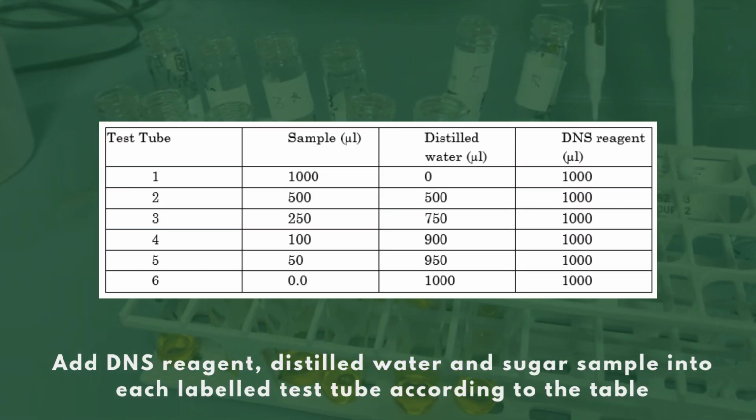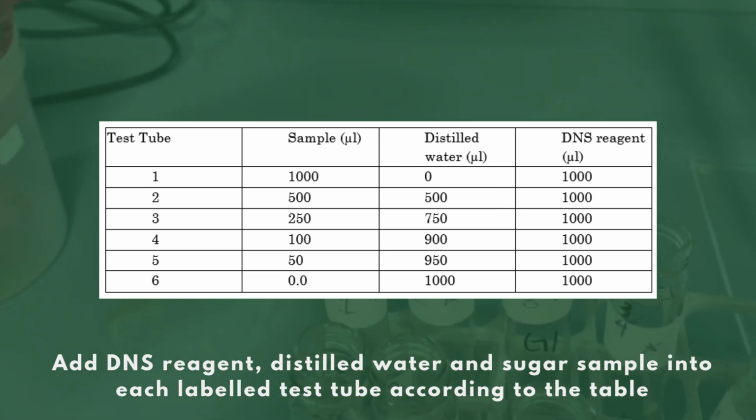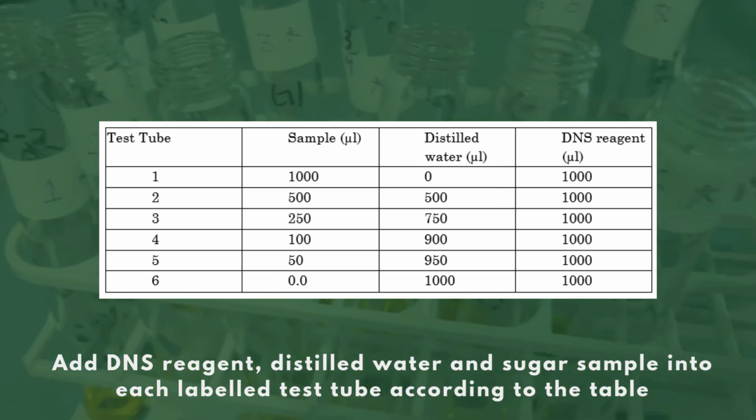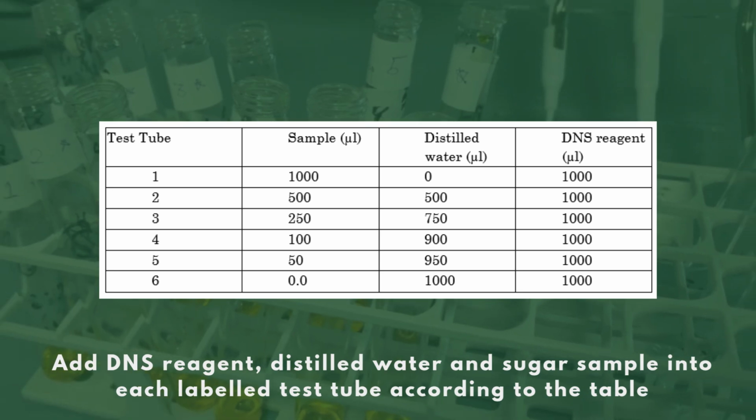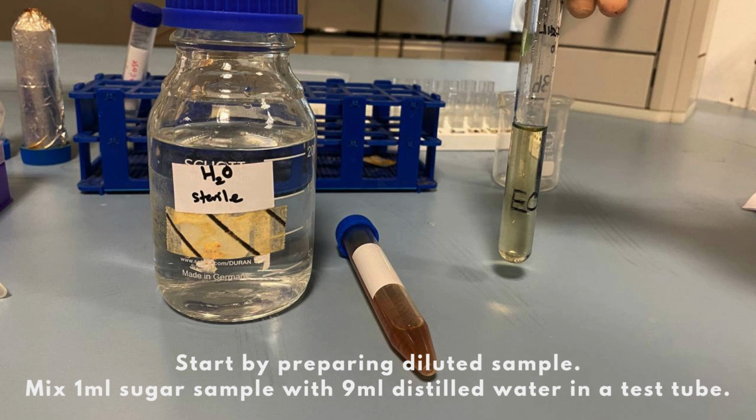Add DNS reagent, distilled water, and sugar sample into each labeled test tube according to the table. Start by preparing diluted sample. Mix 1 ml sugar sample with 9 ml of distilled water in a test tube.